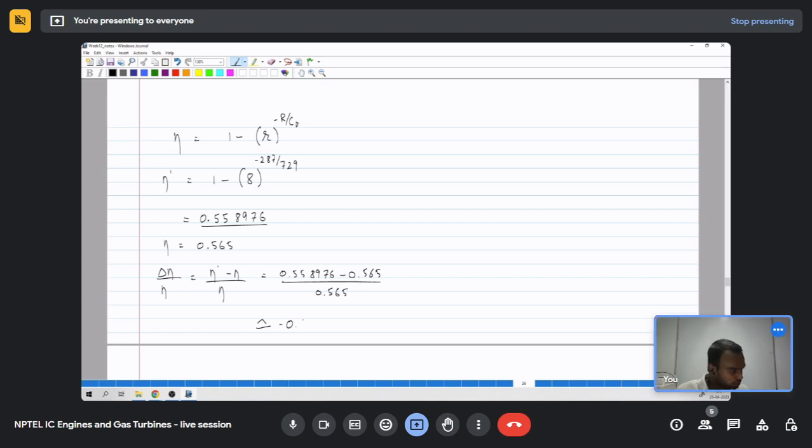Yeah, so minus 0.01066. So it is approximately 1.07% negative. Earlier, when we had d eta by eta, we had minus 1.025%, and now with delta eta by eta we are getting minus 1.07. So we are very close to the actual value.